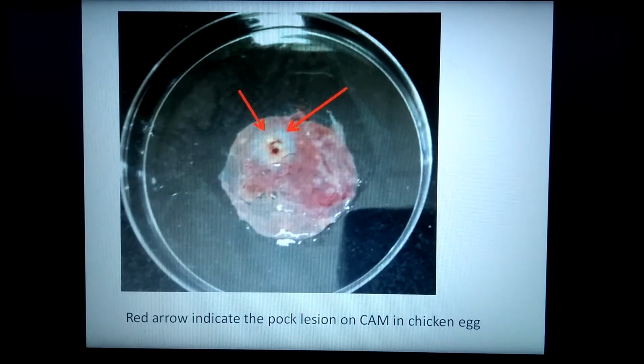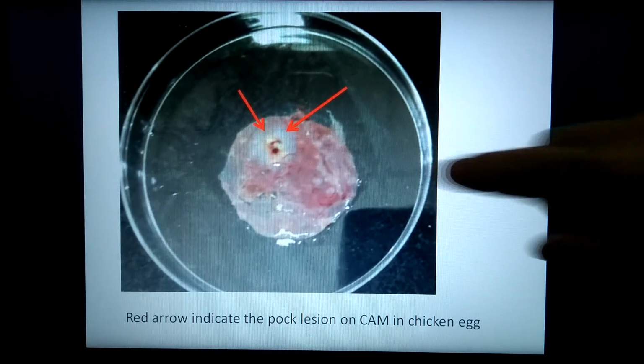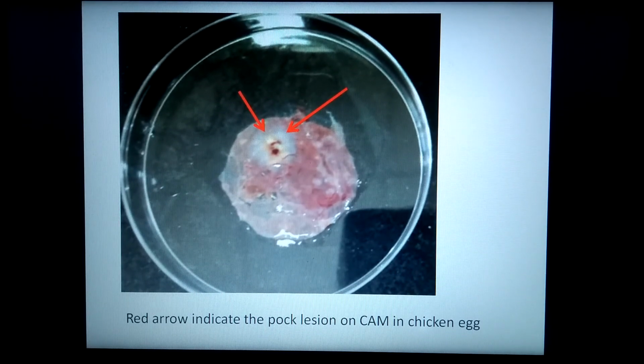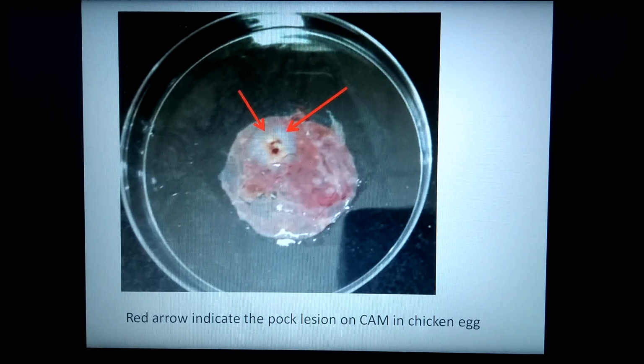The membrane is isolated in a petri plate, indicating the lesions over here. Clearly, the red arrow indicates the pock lesion on CAM in chicken egg.